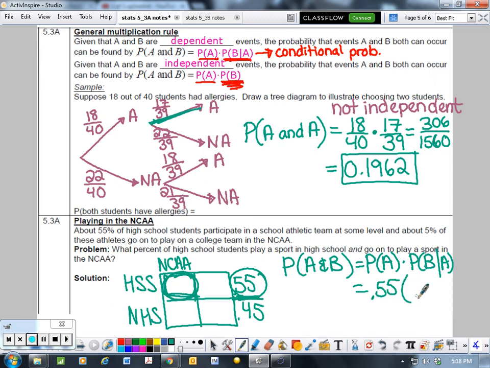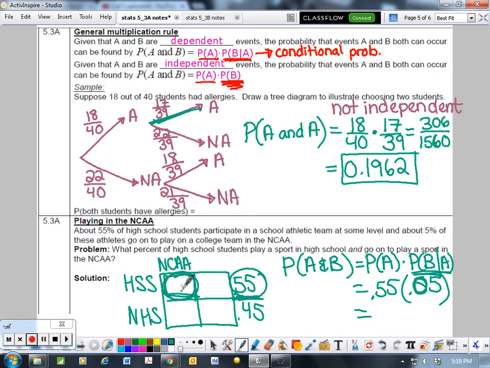And the probability of B given A is the 5%, the 5% of that 55%. So I can use that multiplication rule to figure out what percent of high school students play a sport in high school and go on to play a sport in the NCAA.